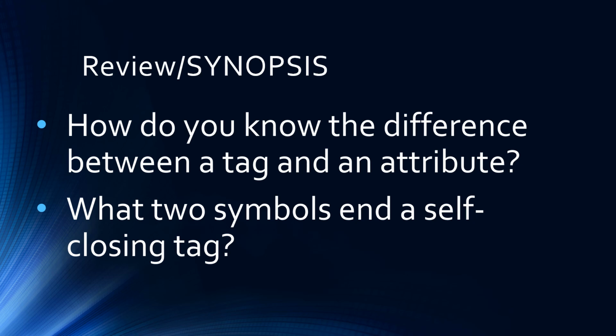Don't forget that's where you have the forward slash and the closing bracket. These are the kind of things that can really mess up your code when you try to validate it later. And so being cognizant of these ideas in the beginning will really help you write much cleaner code. Again, cleaner code.